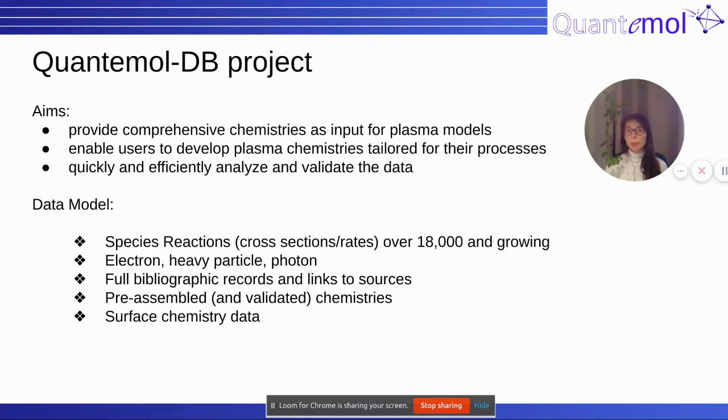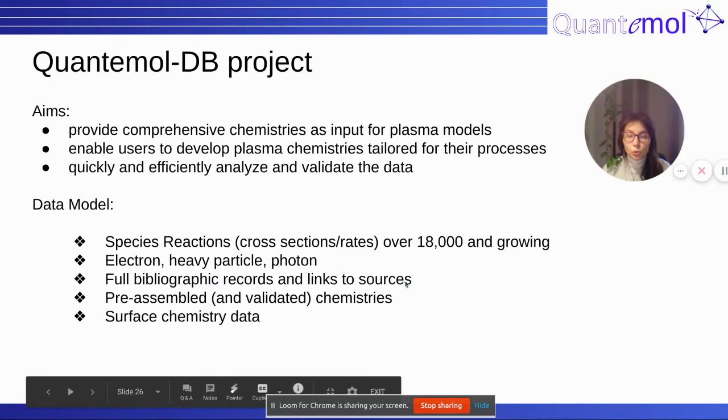So we have assembled now a database which has over 18,000 data sets, in other words, rates or cross-sections. There are various particles, so it can be heavy particle collision reactions or electron scattering. It has full bibliographic references, so if you are working on a publication, please do use them. And we also pre-assembled about 40 sets of chemistries that people can start with right away. Some of these sets also have surface chemistry data.